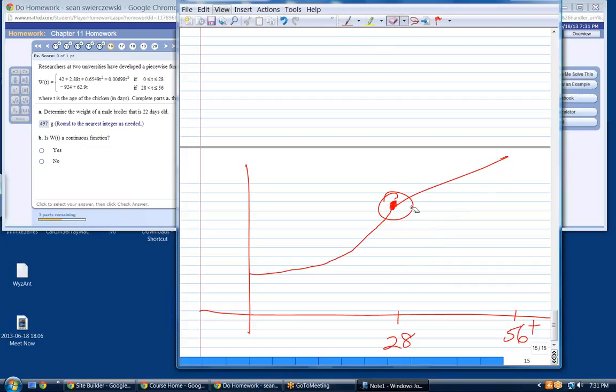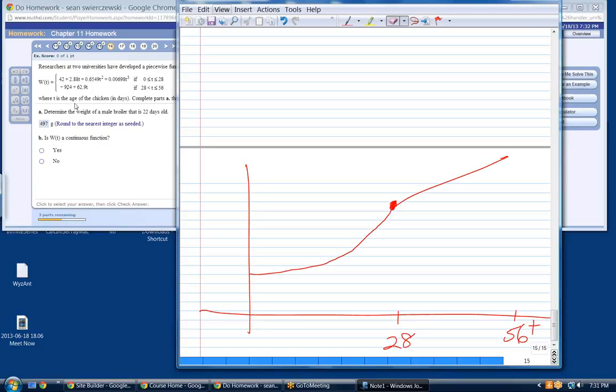So the key would be to check 28 and see if these two things are equal. That's quite a bit of work to do, because you've got to plug in 28 up here, and the second part's pretty easy to plug in 28 here and come up with an answer. But if they are not the same, then it's not continuous. If they're the same, it's continuous.